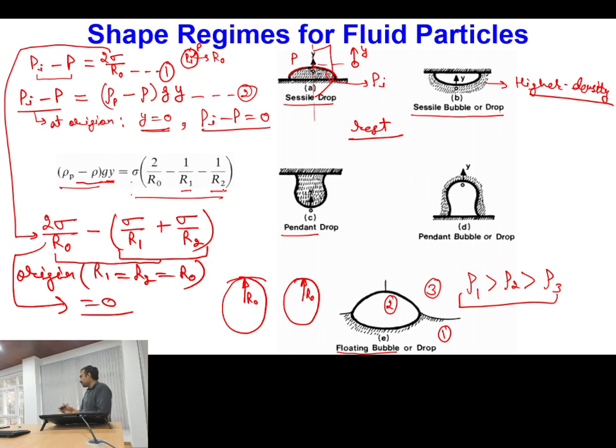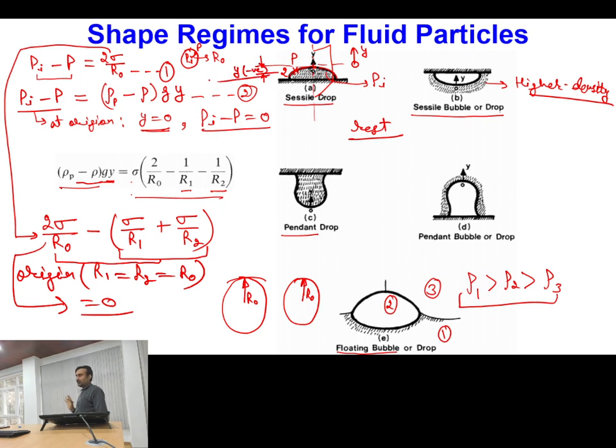Is this point clear? Now if I move to any other point, say in case of a pendant drop I am moving to this point number 2. If you see, the location of point number 2 is below the origin. It means y is negative for this case.